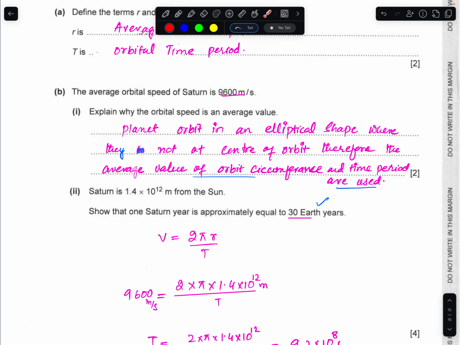All the planets revolve around the sun in elliptical orbits, not perfectly circular. The path of the planet is not a perfect circle, and the sun is not at the center of the orbit. Therefore, average values of the orbit circumference and time period are used.